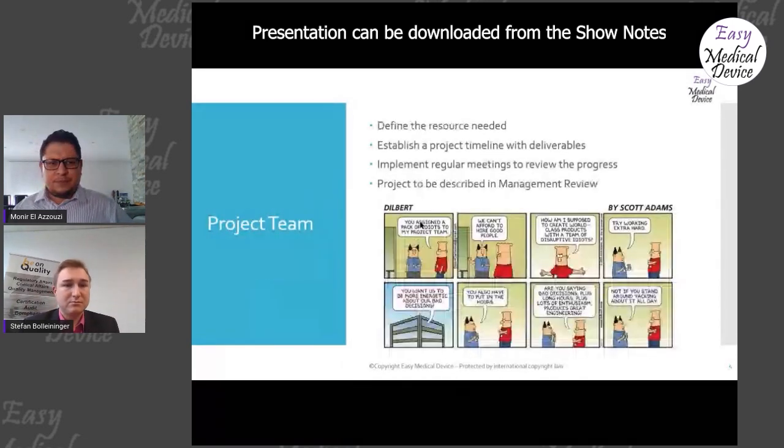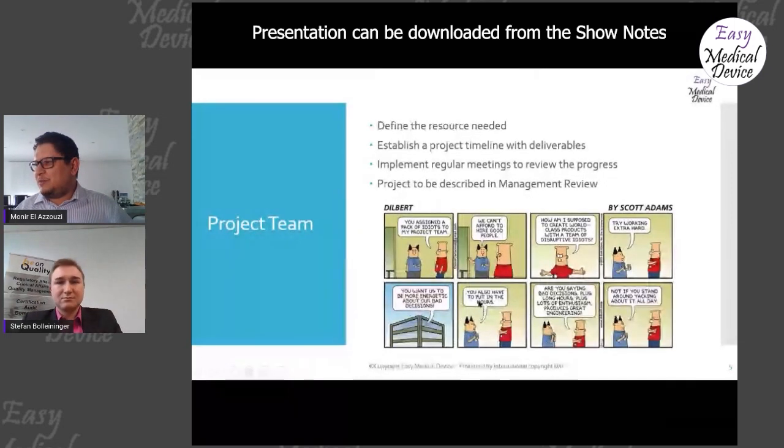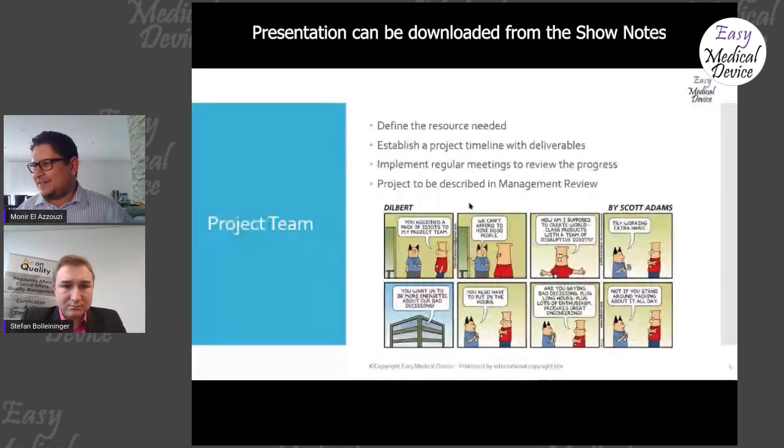And for that, as you mentioned, we need to define the resources needed. Which resources are needed for that? I have a good cartoon here where they are talking about bad resources. They are saying, put more time with the bad resources and maybe they will become good resources or a good outcome. It's a bit funny, this one.